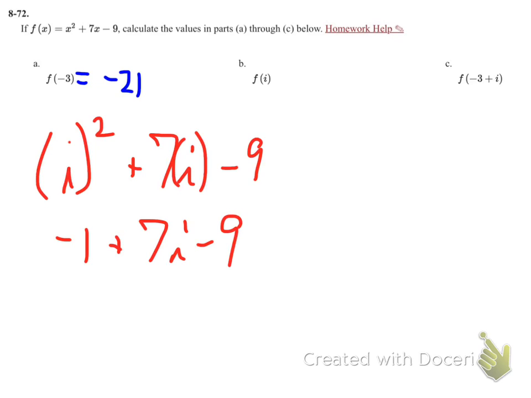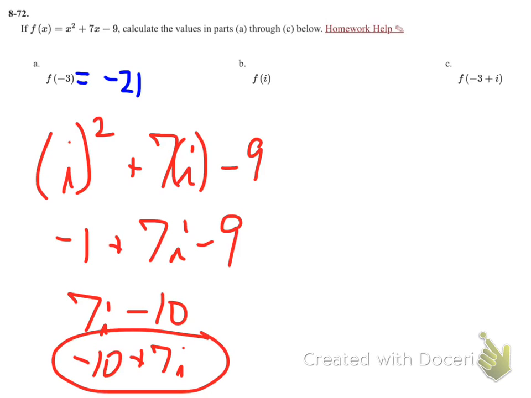Combining like terms, -1 and -9 are like terms, but 7i is not a like term, so I cannot combine those. My answer will be 7i minus 10, or normally written as -10 plus 7i. So when I look at this next one, problem B, f of i equals -10 plus 7i.